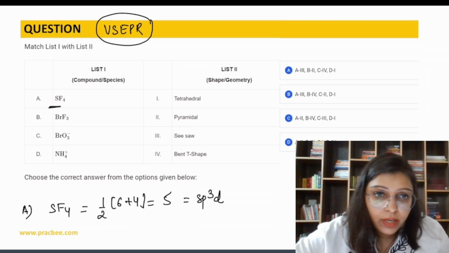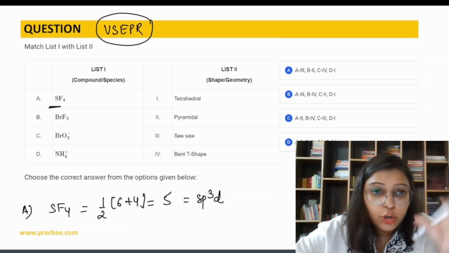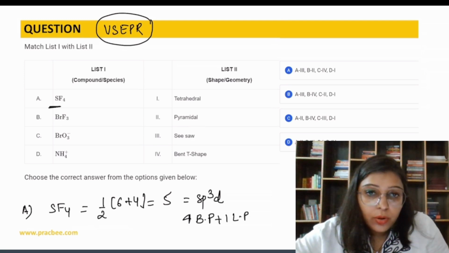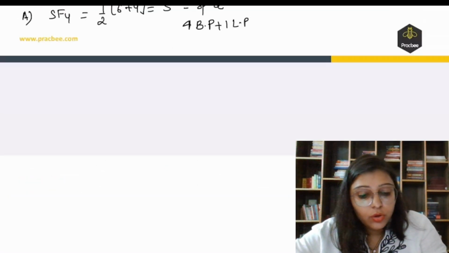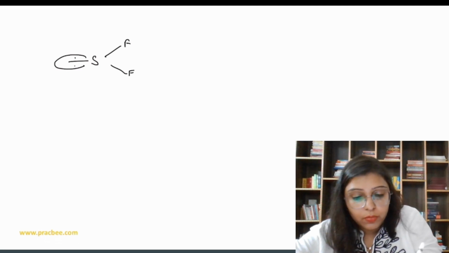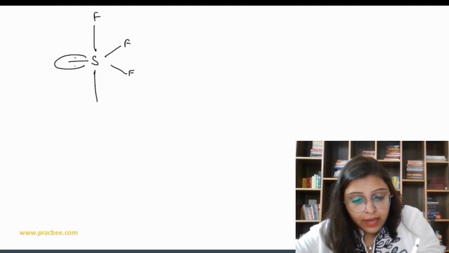But if we want to find out the shape, we have to exclude lone pairs. So here we have 4 bond pairs plus 1 lone pair, and in trigonal bipyramidal, the lone pair occupies the equatorial position. So these are equatorial bonds. Then we have axial bonds.